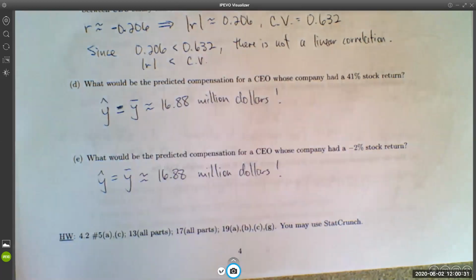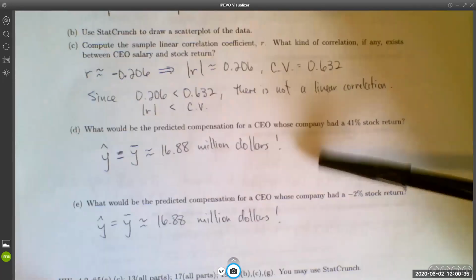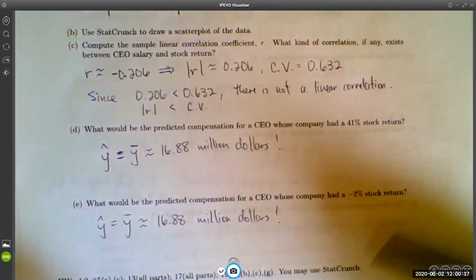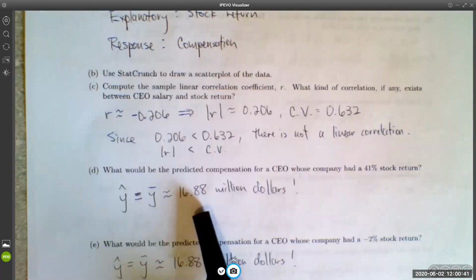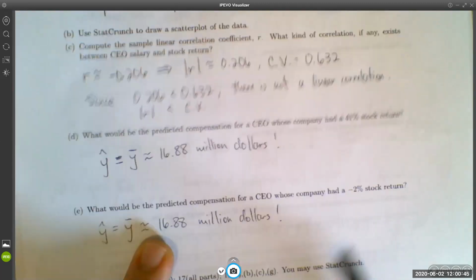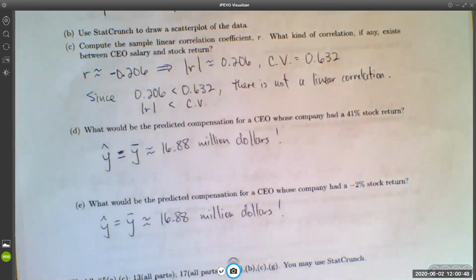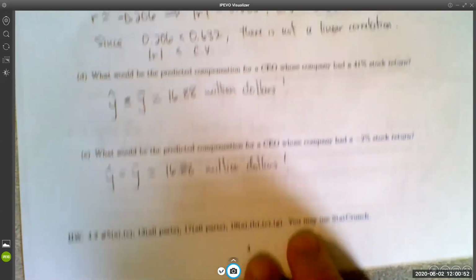But that's not what this data is saying. This data is saying there's no relationship between the stock return and compensation. The company that earned a 41% stock return, the CEO made the same amount as the guy who lost money. That would be very interesting if it were true. It would make you think differently about CEOs maybe.